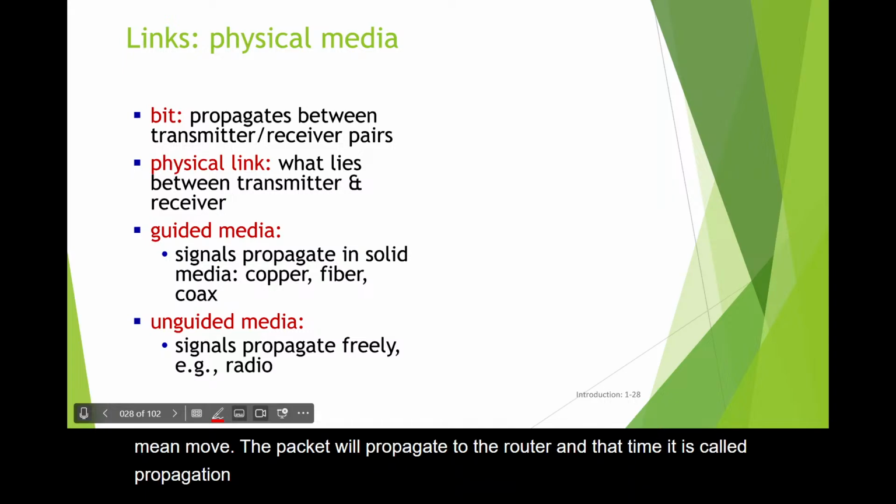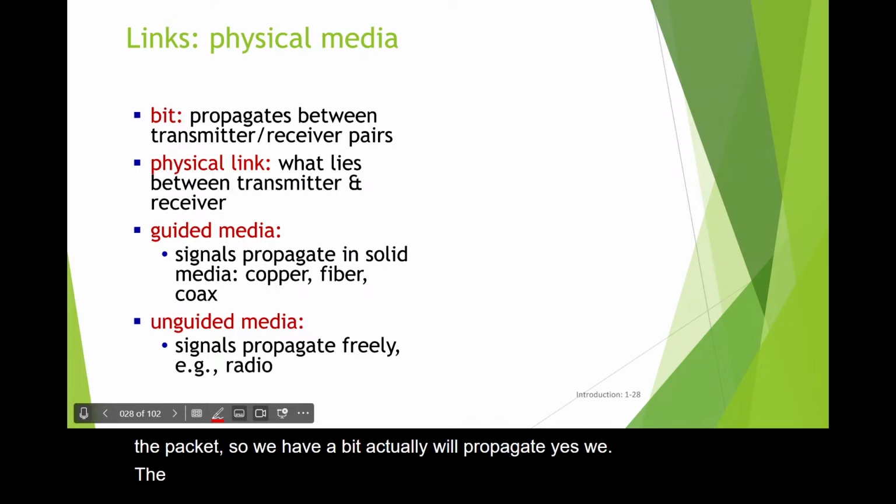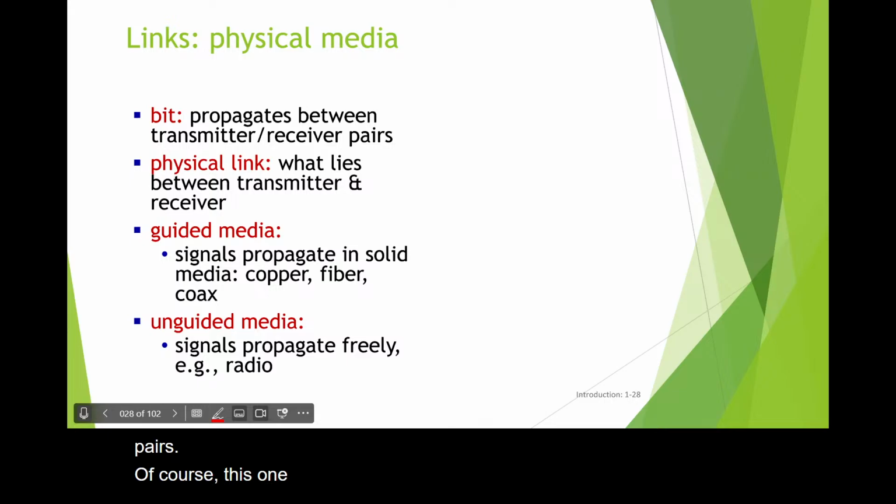And right now we take a simpler view. We have a bit within the packet. The bit will propagate, and we use a proper term for this: propagate between the transmitter and receiver pairs. Of course, this propagation happens within the physical link.